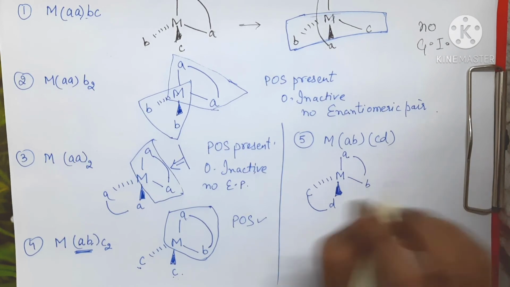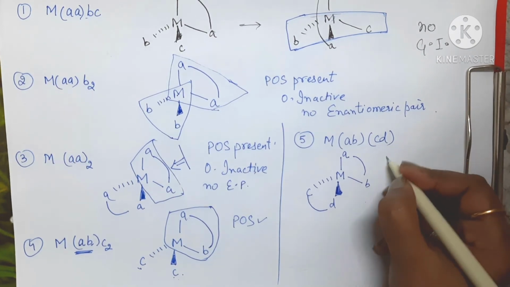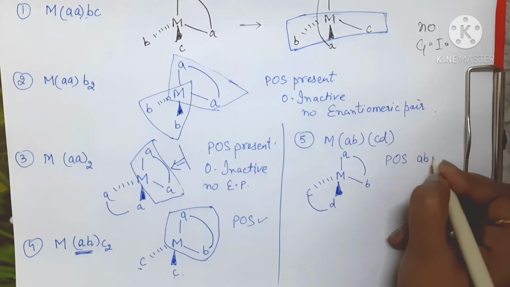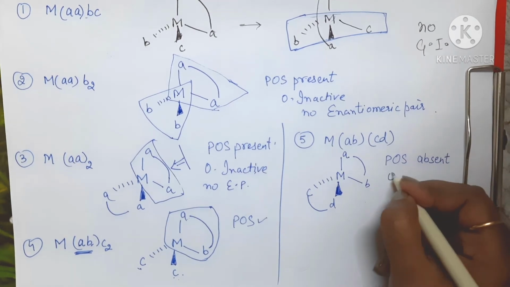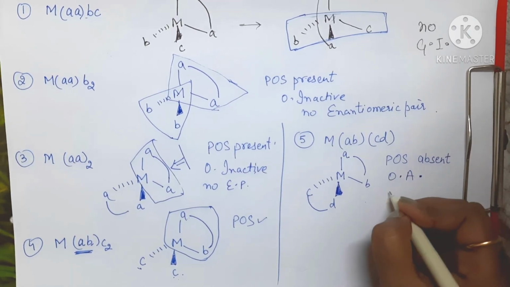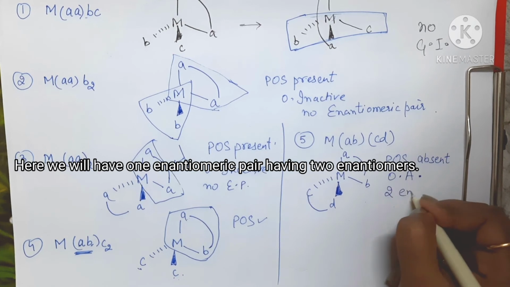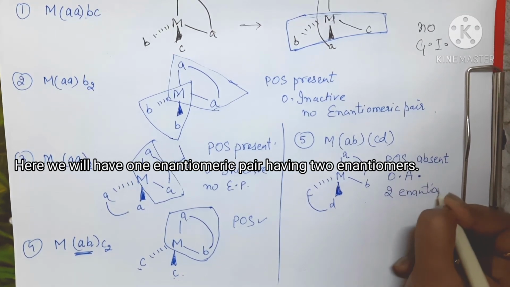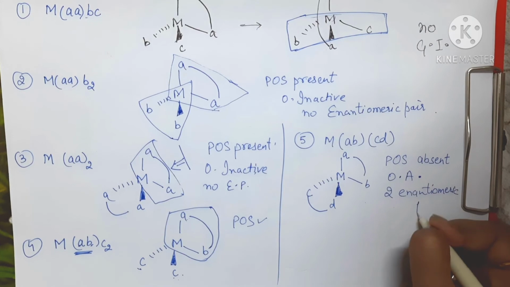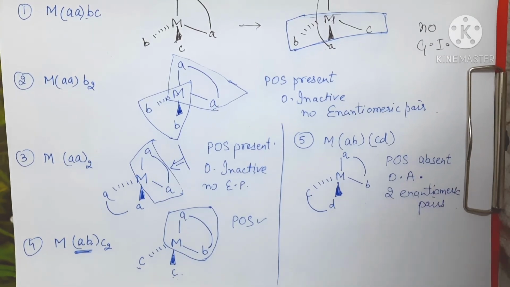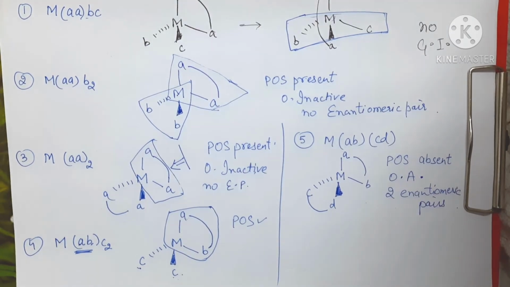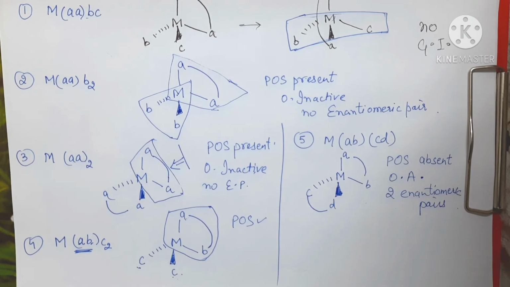So here you cannot pass any plane, right? So POS is absent. The compound is optically active, having two enantiomeric pairs. Right? So this way you can find out whether the compound is optically active or inactive, right?